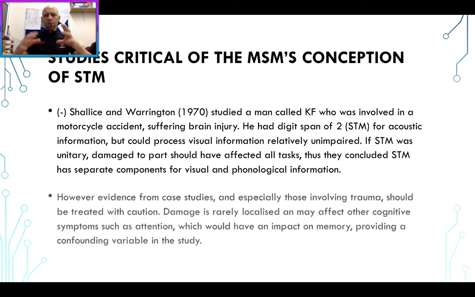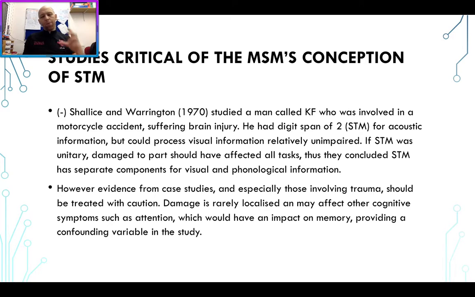Compound evaluation has 2 components to it. The first might be a pro, so the second is going to criticize the evidence we've just provided. So in this case, we're going to say, however, one of the limitations of KF and this kind of support is that it's a case study. And what's interesting about case studies is they are totally unique, especially brain damage studies.